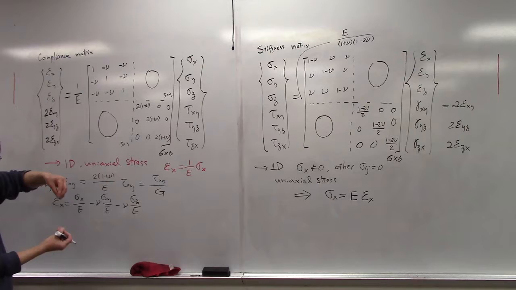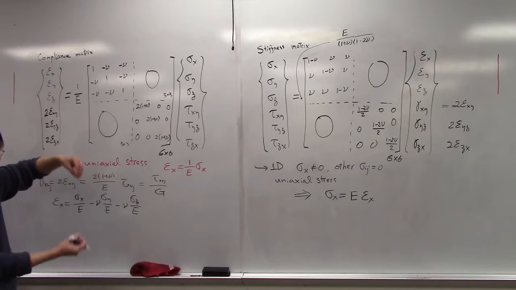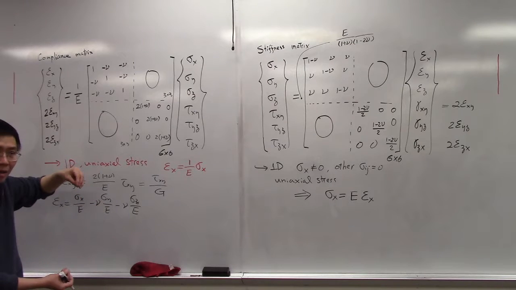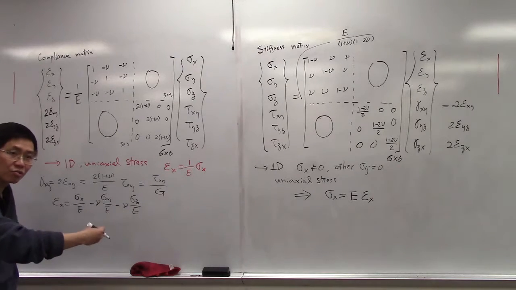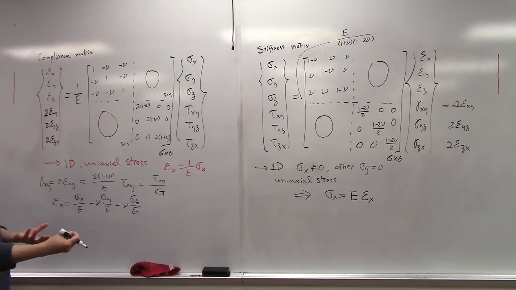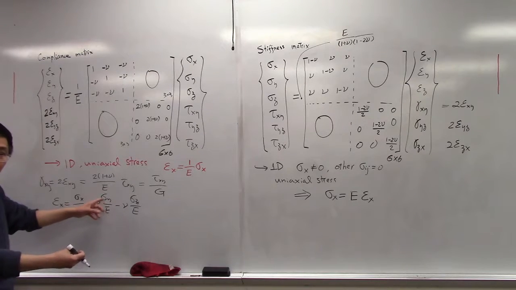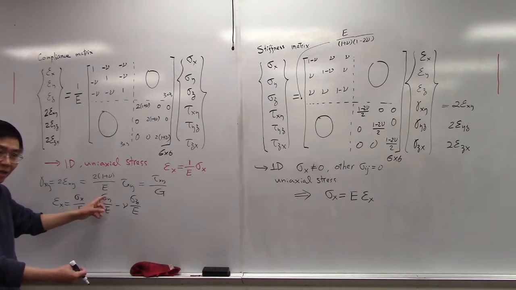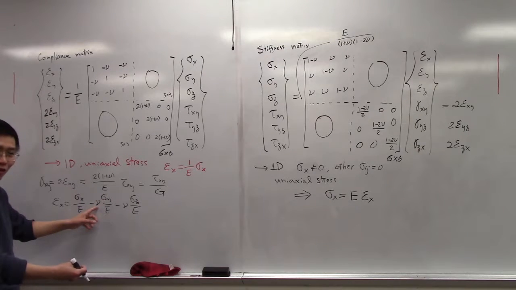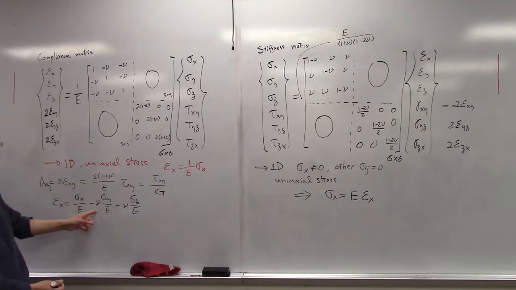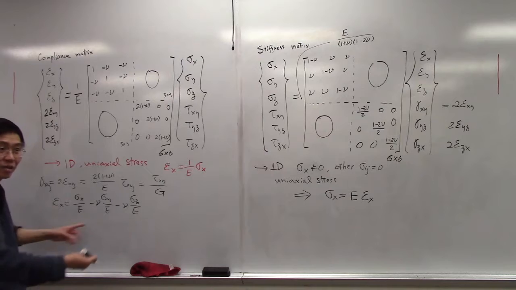However, if I further apply stress in y direction, epsilon y will be sigma y over E. But because of Poisson's effect, there is shrinkage in x direction. What is the shrinkage? The shrinkage is negative Poisson's ratio times epsilon y. So that's easy to remember. That will just be superimposed to whatever you have in x direction already.